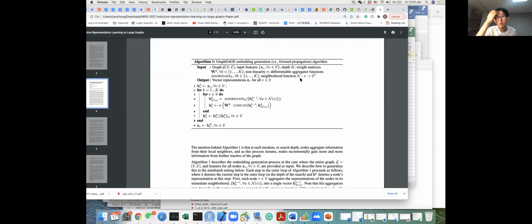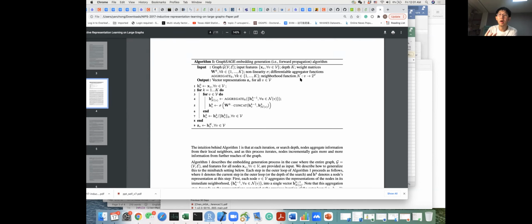I think he wants to make a balance. He cares more about what the information of his neighborhood is, but not how many neighbors he has.